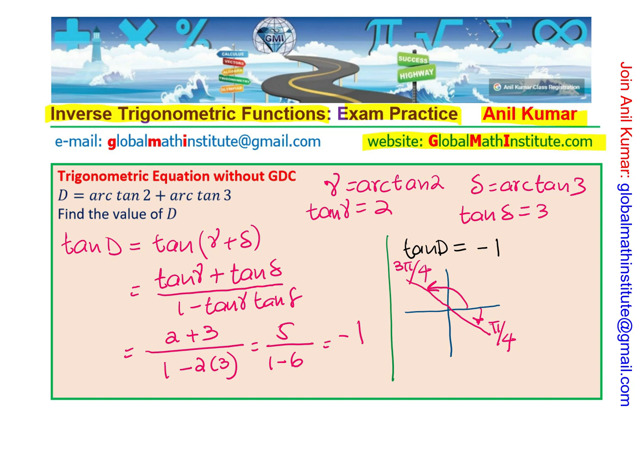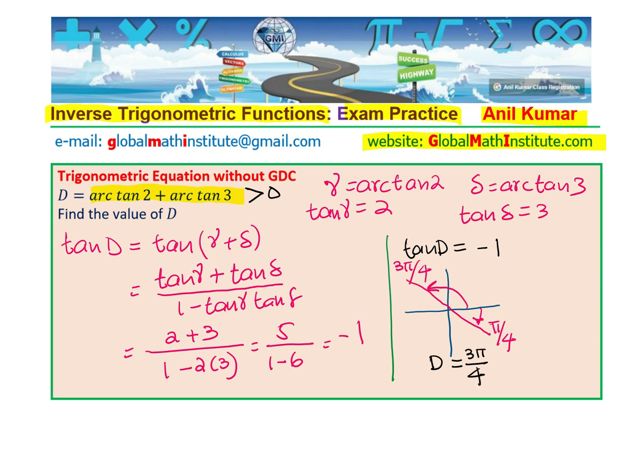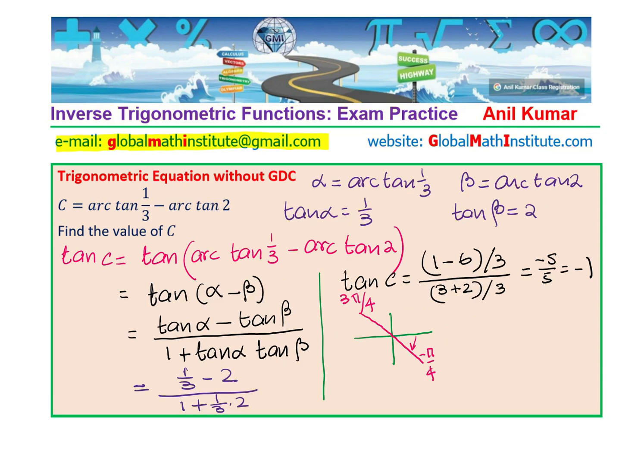Now here is the critical part. In this particular case, when we have arctan 2 plus arctan 3, the value of D is positive. This D is greater than 0, and therefore we have D equal to 3 pi by 4. Makes sense? But if you look into the previous case, we have the difference.